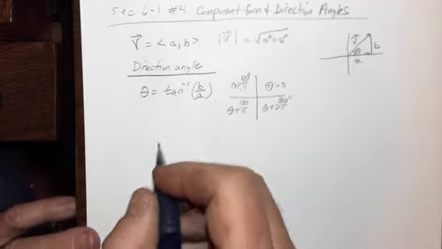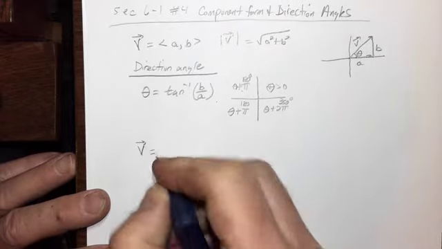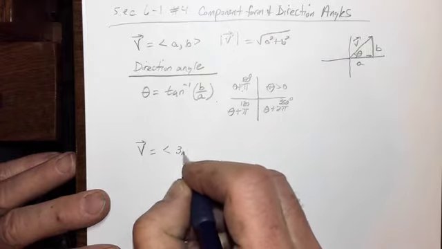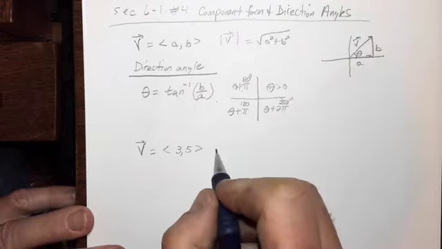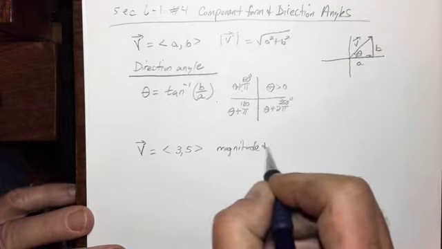So if I gave you a vector v that in component form was, let's say, 3, 5, and I wanted to find its magnitude and direction.